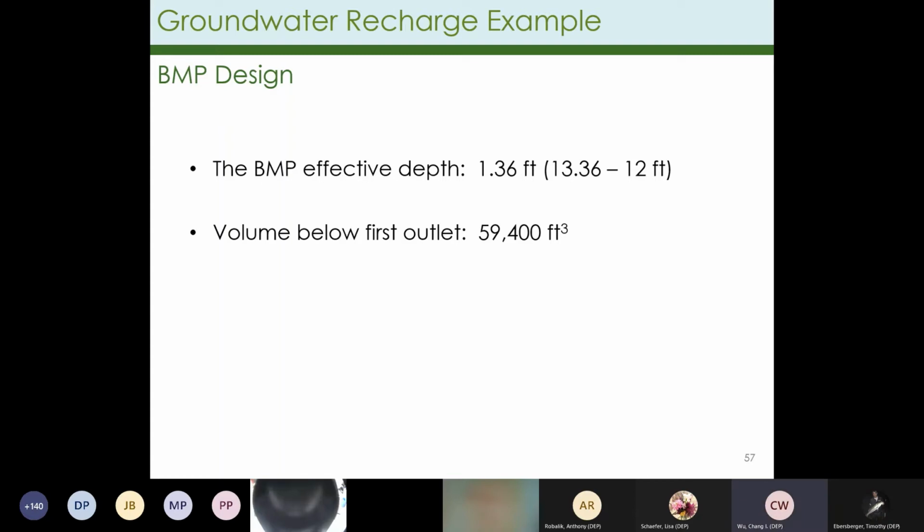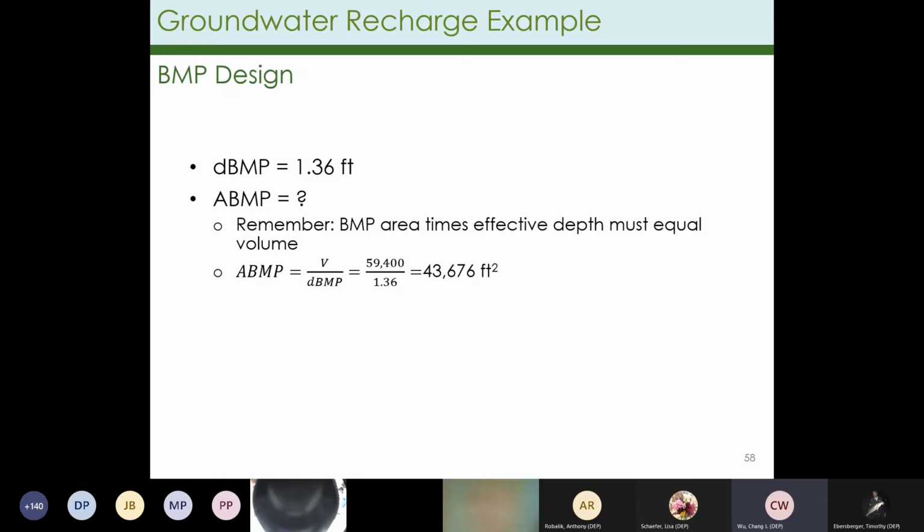And for this one, the effective depth is 1.36 feet for the first orifice, and the volume for the first outlet would be 59,400 cubic feet. So from here, you can reversely calculate the dBMP by dividing the volume by the dBMP.